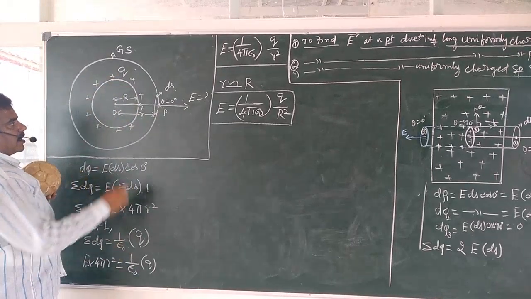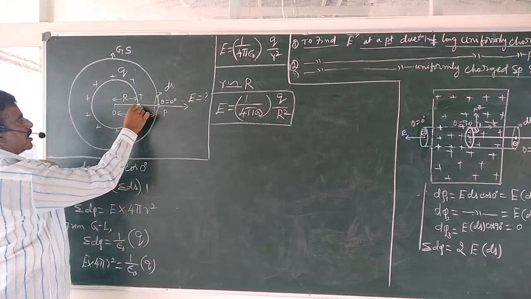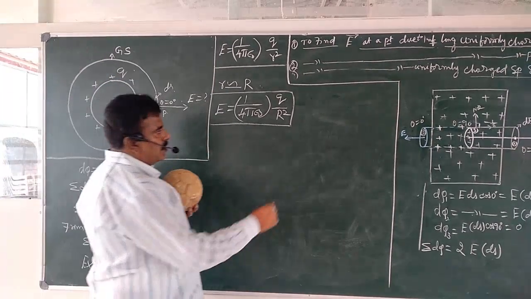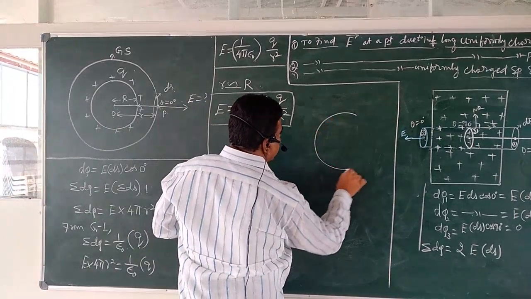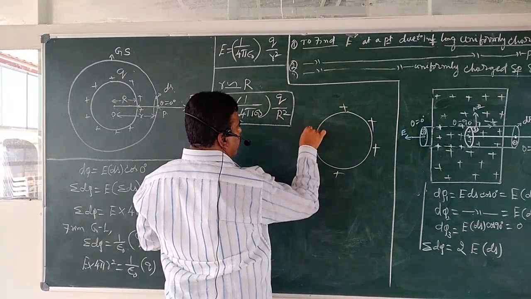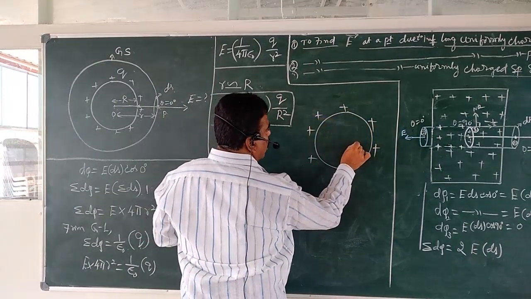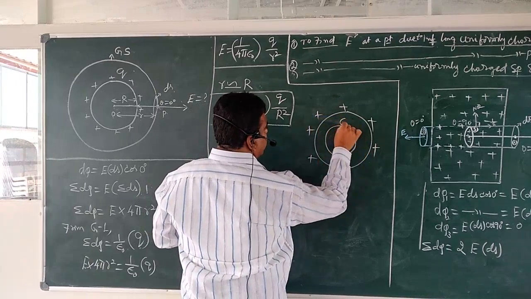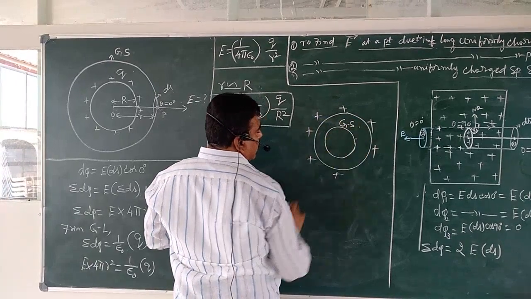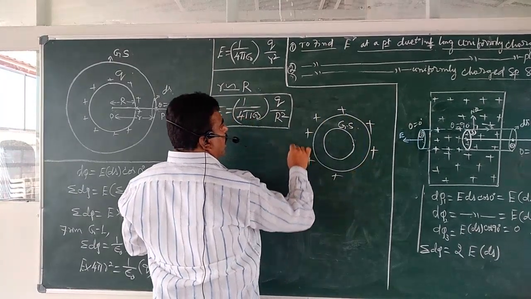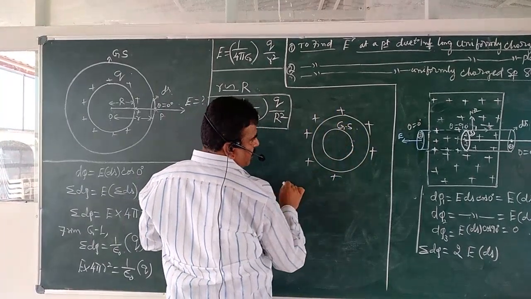Okay? Now, if I consider a point inside the shell, what happens? This is the charged spherical shell. If I consider a point somewhere here, the Gaussian surface will be this. Therefore, whatever charge we have given lies outside this surface.